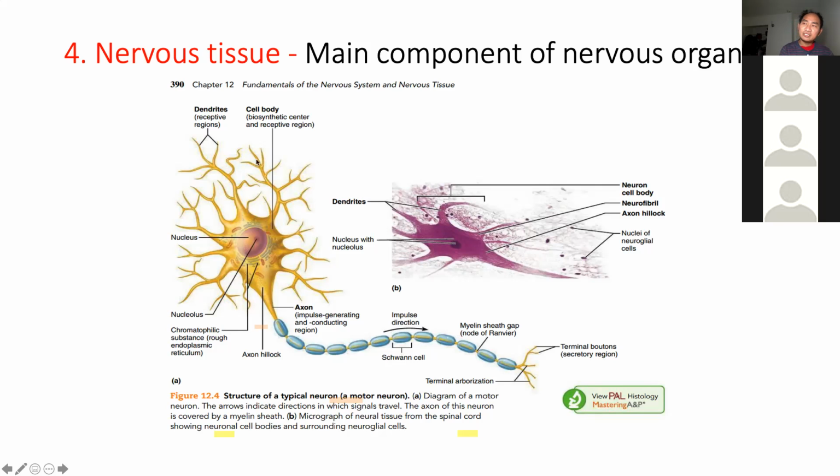The dendrites will take information from the surrounding to the cell body, and axon will take information from the cell body to the periphery. So this is the anatomy of neuron, and neuron is the basic fundamental structural unit of nervous tissue, nervous system, because nervous tissue is nothing without neurons.